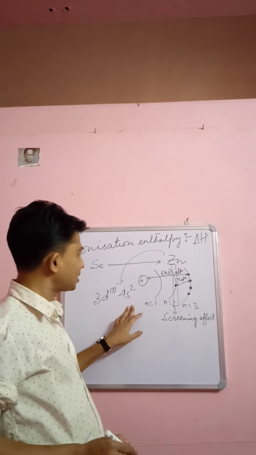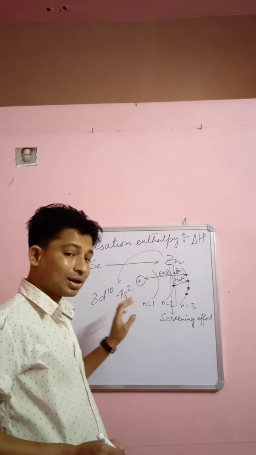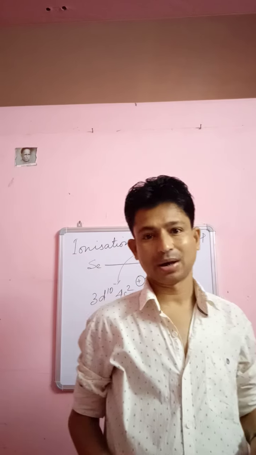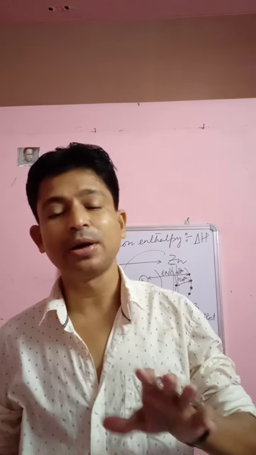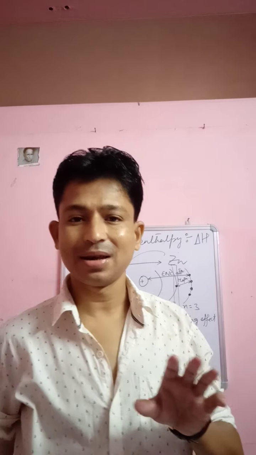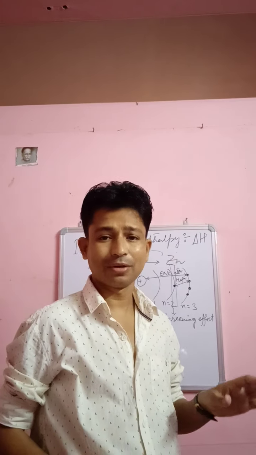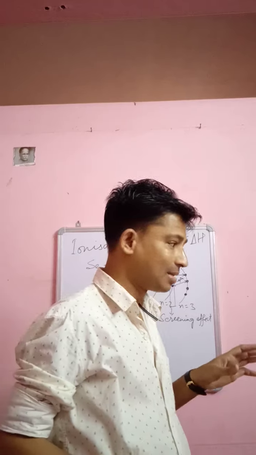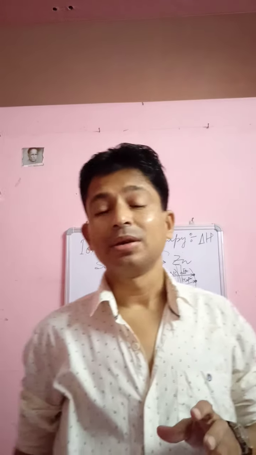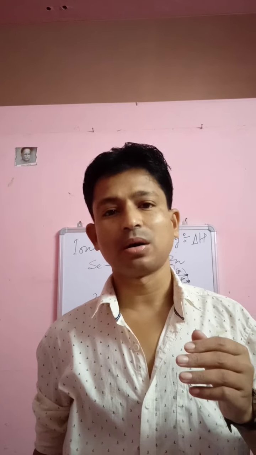Since zinc has a symmetrical and stable configuration due to the presence of fully filled orbitals, zinc becomes reluctant to lose an electron from its outermost shell. So the ionization enthalpy suddenly increases to the maximum.